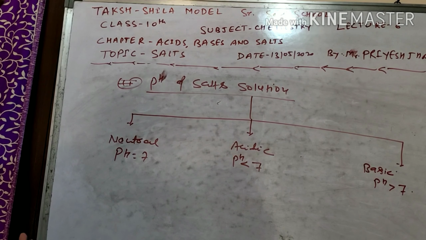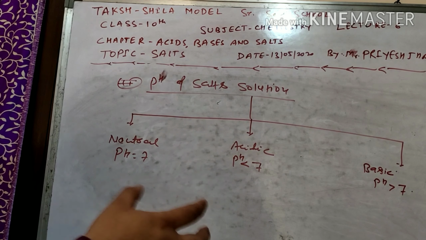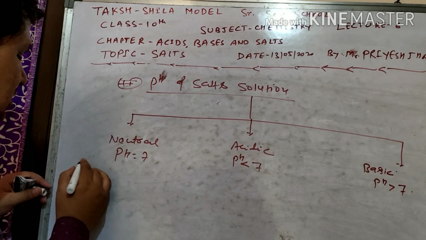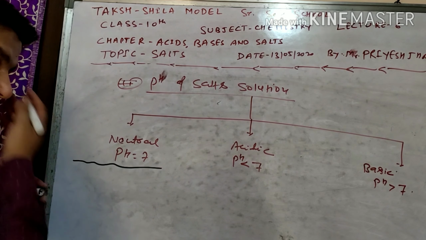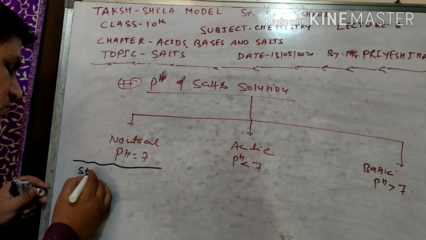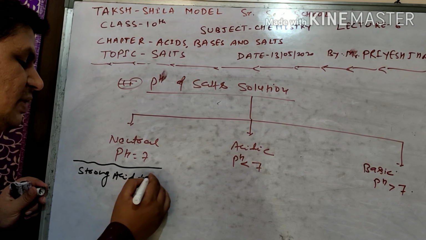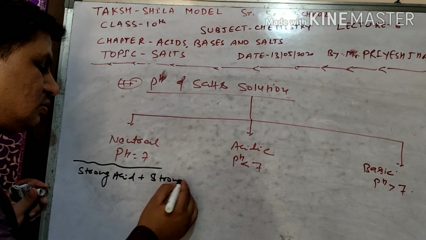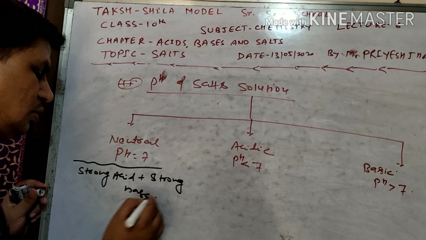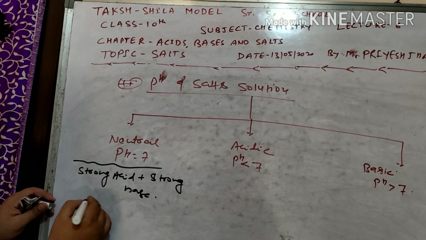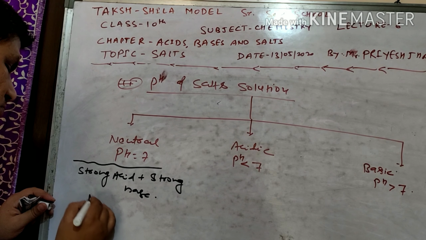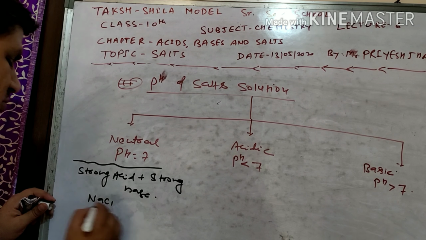So for example, salt will be neutral when a strong acid combined with a strong base. For example, NaCl.